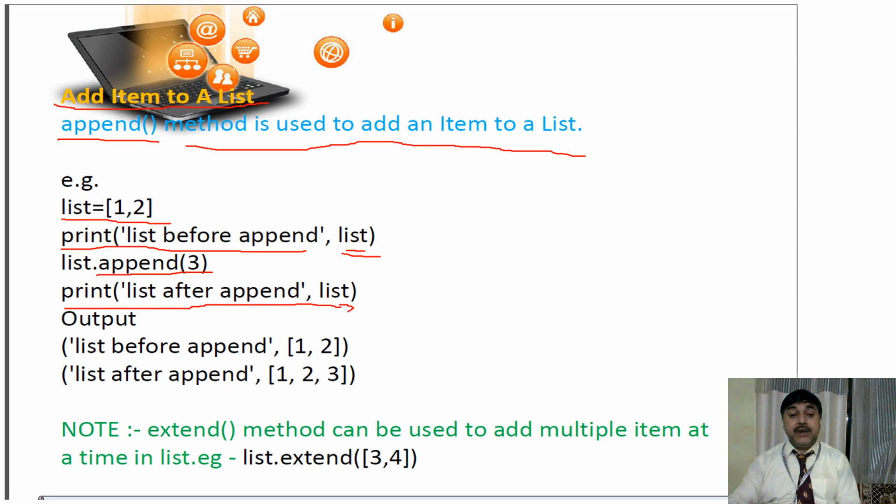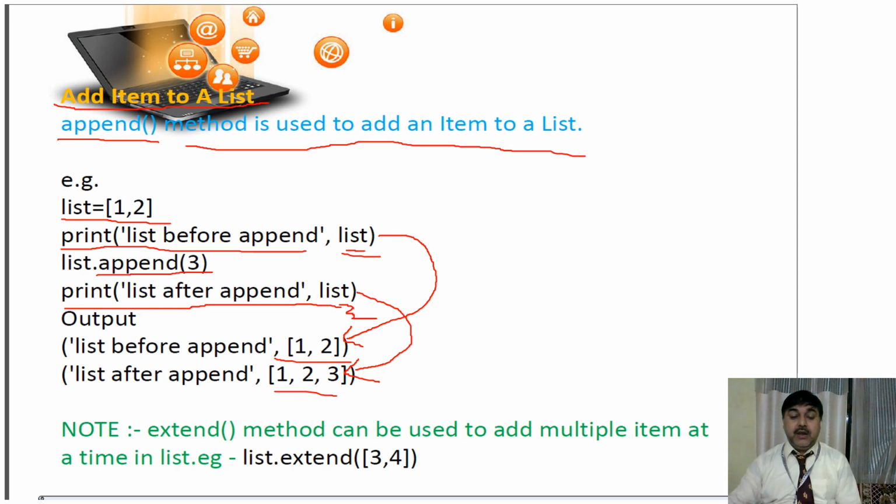Before the append, that means before adding, this will be the output. But after the value has been appended, the output will be this. So we can easily see the difference between them.